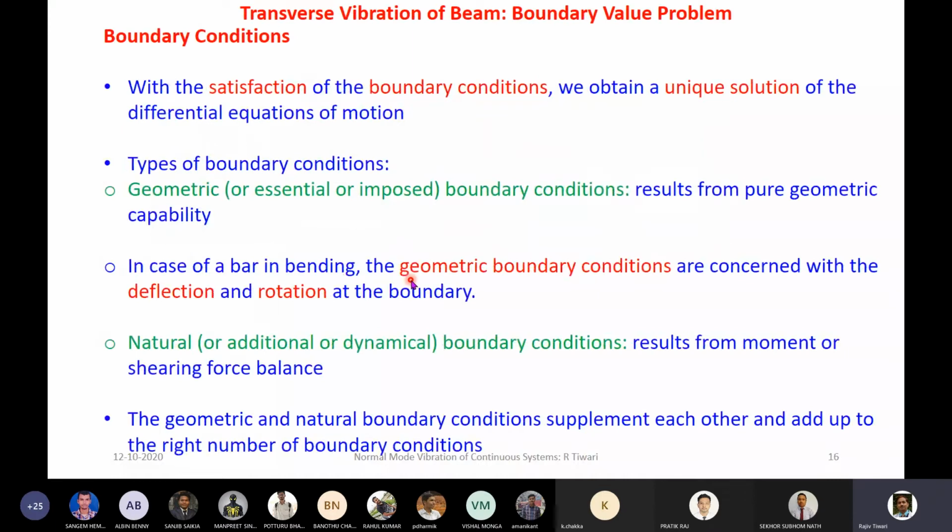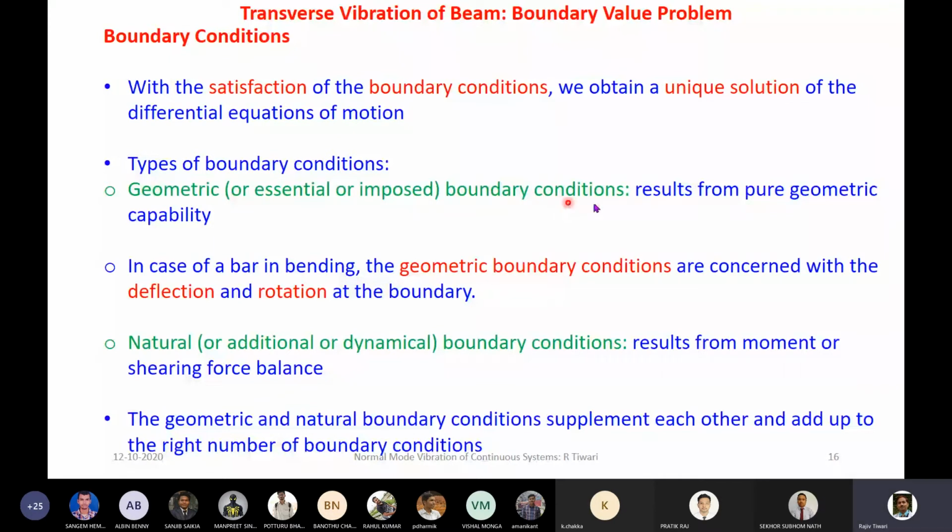So boundary conditions, now we'll see in more detail. As I mentioned, while solving the equation, unless we satisfy the boundary condition, we will not get the unique solution of the differential equation. There are basically two basic types of boundary conditions. One is the geometric boundary condition, which is also called essential boundary condition or imposed boundary condition.